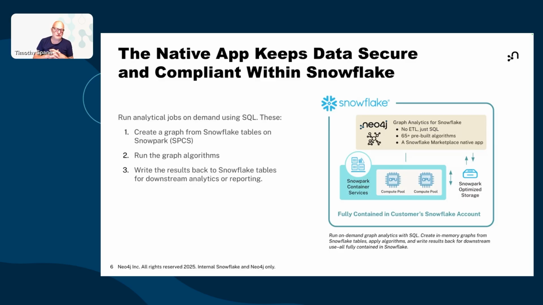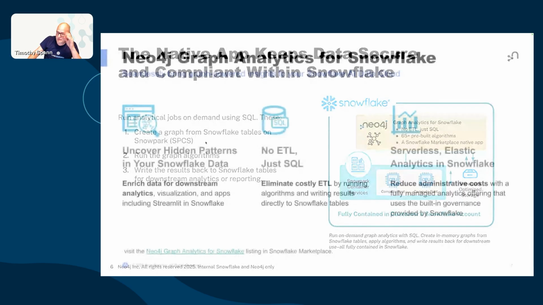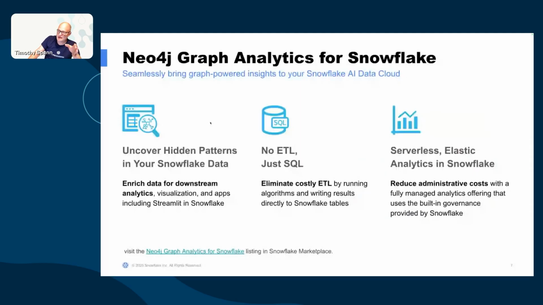And it uses your native Snowflake credits, so you don't have to worry, well, do I need to get some special contract or how am I going to utilize this? Makes it very easy for getting started, adding graph algorithms where you already have all your data. Again, very cool way to analyze data and visualize it in different ways than you're doing with our standard SQL.